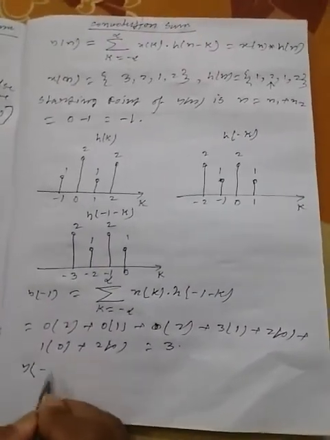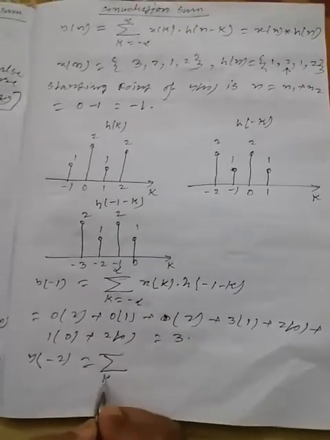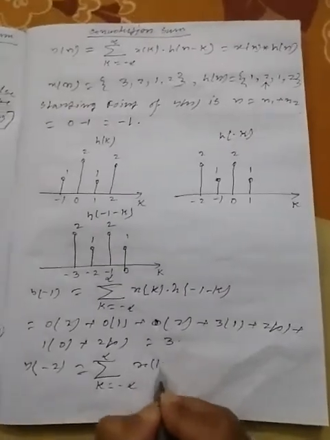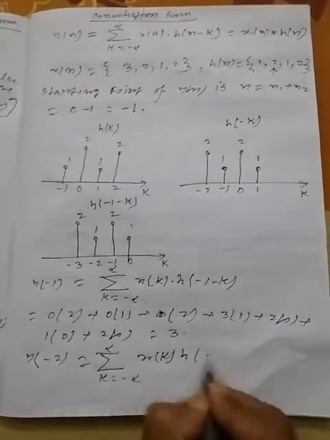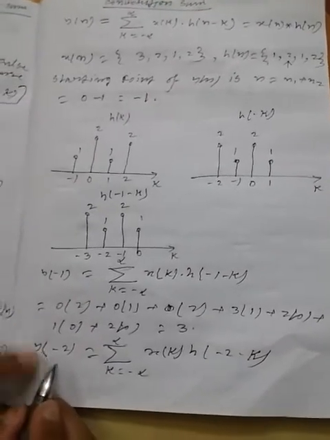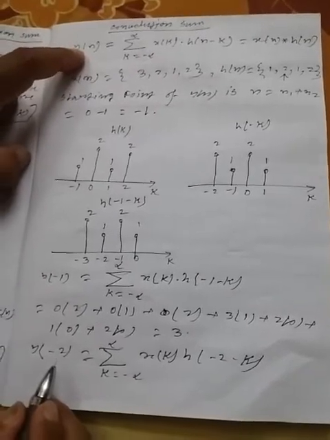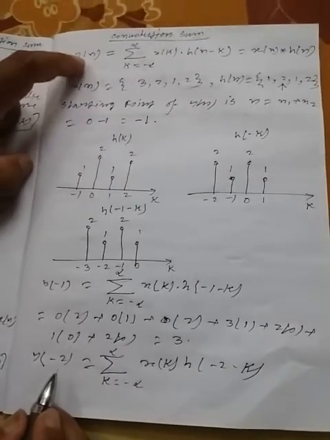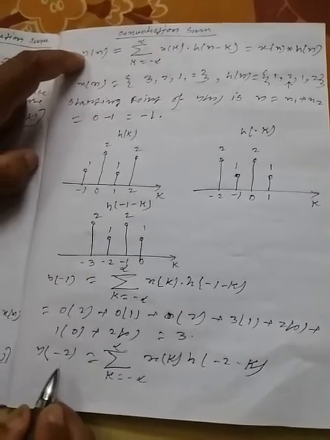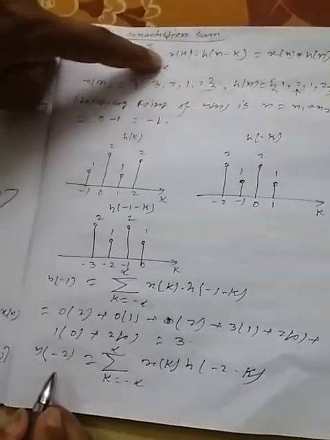In the similar way we can find out y of minus 2. So the formula becomes summation k equal to minus infinity to infinity x of k h of minus 2 minus k. Okay, here we are just putting the value of n equal to minus 2 in this equation. So if we put n equal to minus 2, then y of minus 2 equals this; these portions are same.